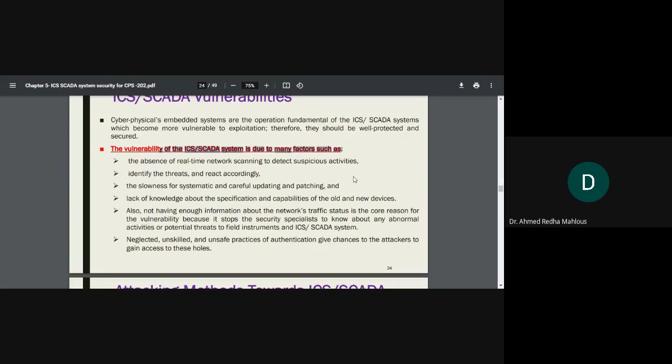The appearance or the presence of vulnerability in the ICS SCADA system. One of the reasons is the absence of, let's say, a scanning real-time network, because we said that we are receiving data in real time. So sometimes you do have a lack of detecting suspicious activities within the real data. It's not like when we have, for instance, a log file that you can later look at and analyze for any abnormalities.